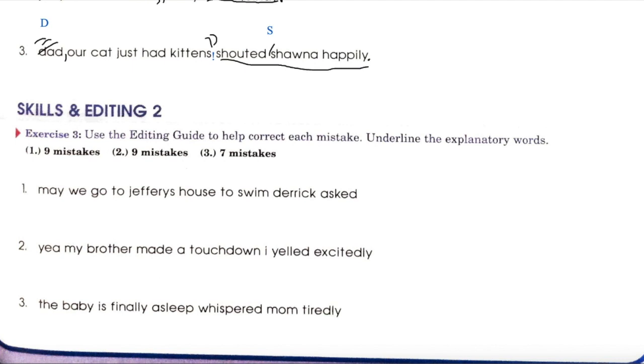All right, let's go ahead and do this one. Let's underline our explanatory word. Let's put in our quotation marks. Let's capitalize the first word.